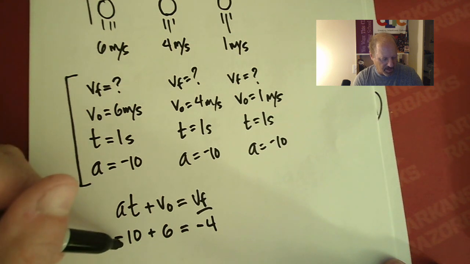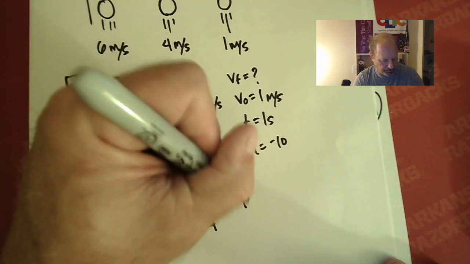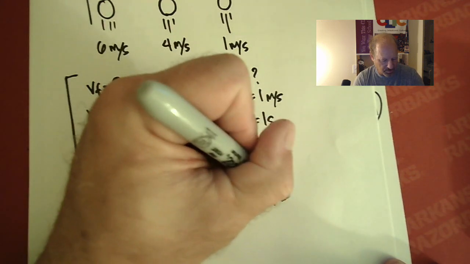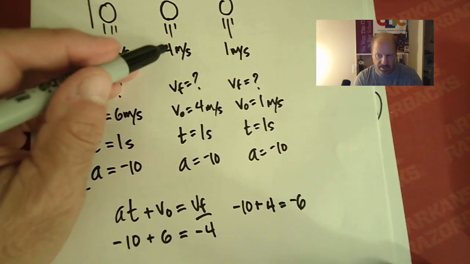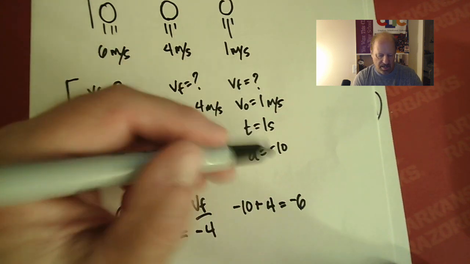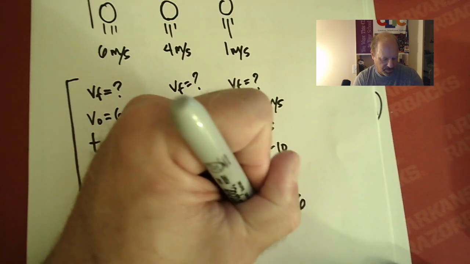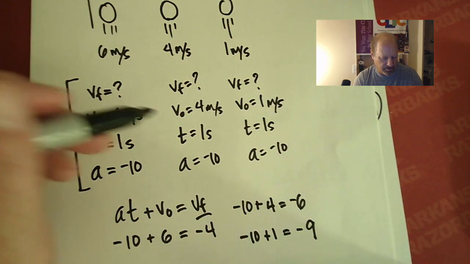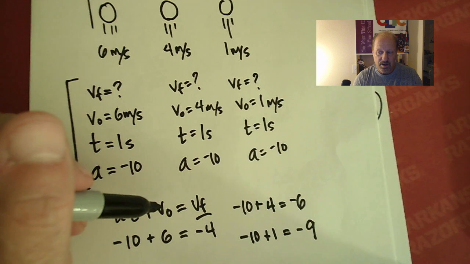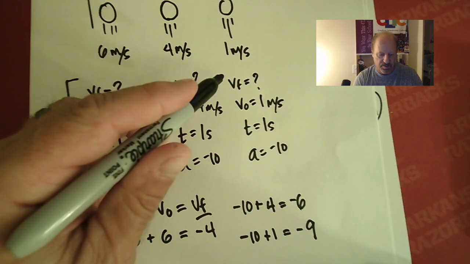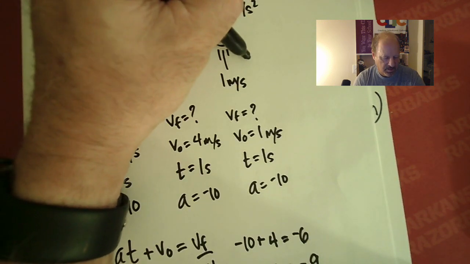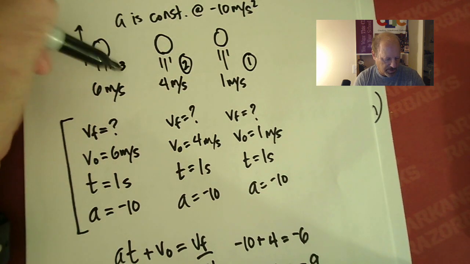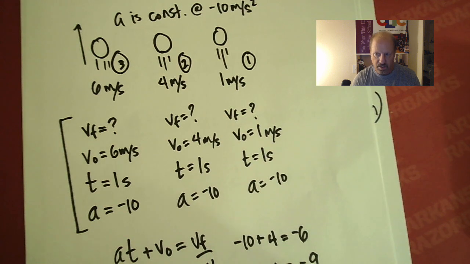And it's going to be the same setup, -10 plus 4, which is equal to -6 for the second one. And then -10 plus 1, which is -9 for the last one. So in ranked order, this one will be fastest, this one will be second fastest, and this one will be third fastest according to the original problem.